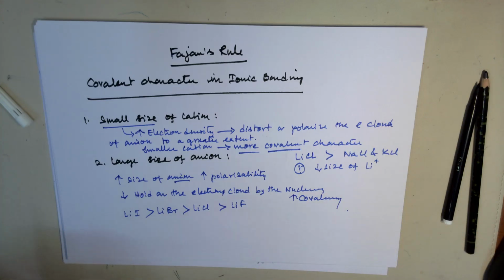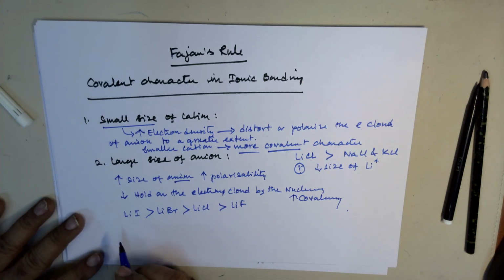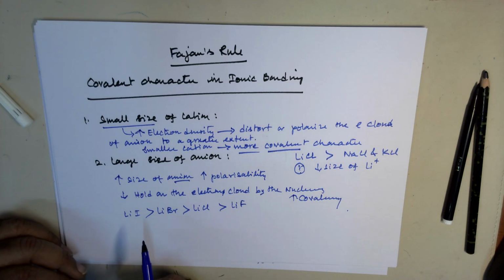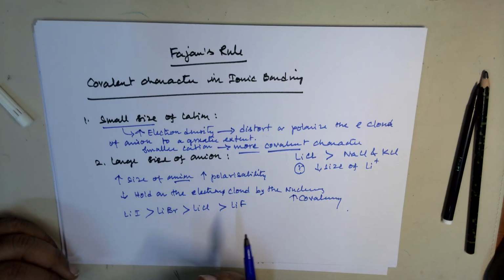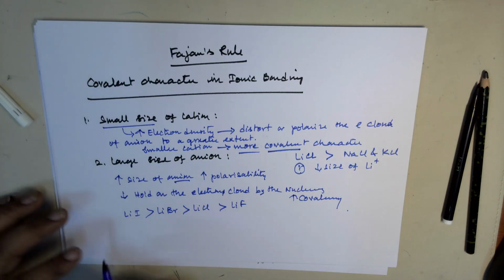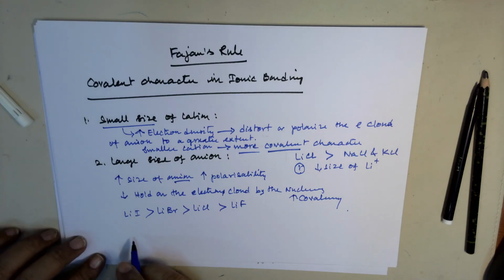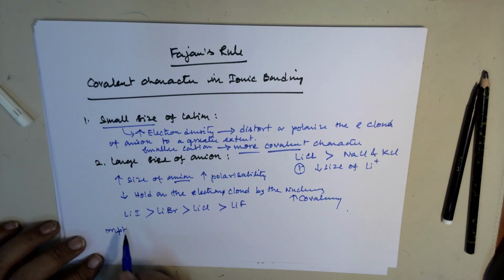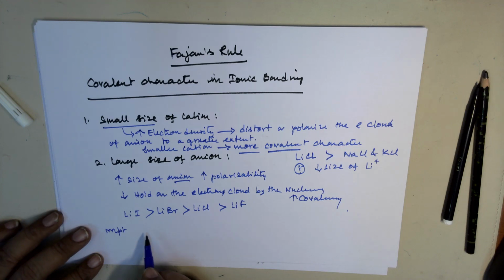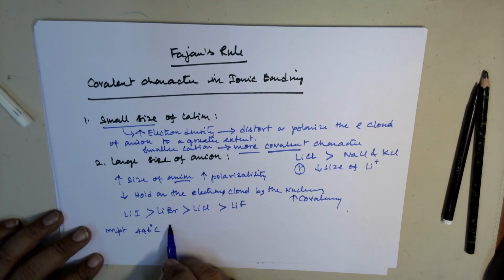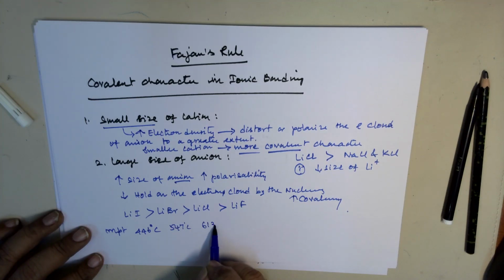And that is why this reflects on the melting point also, because we already saw that when the ionic behavior is more, the melting point will be higher. So in this case, this is more covalent, so you can anticipate the melting point is less. Here it is 446 degrees Celsius, this is 547 degrees Celsius, this is 613 degrees Celsius, and 870 degrees Celsius.